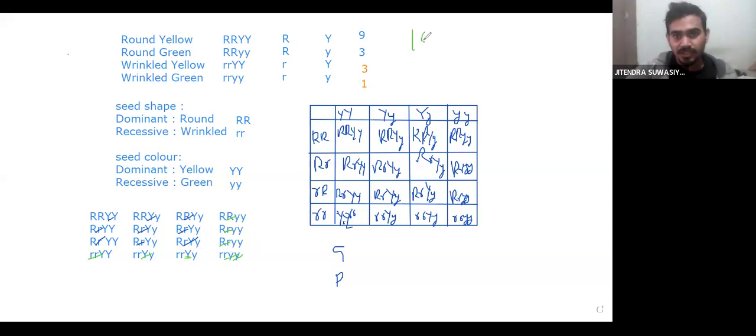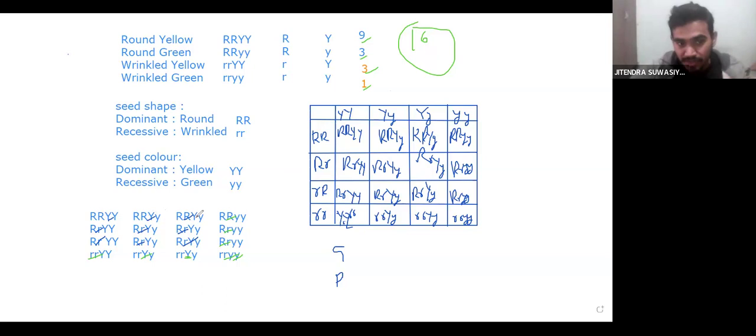Total 16 progeny in the dihybrid cross were found, in which 9 were round yellow, round green 3, wrinkled yellow 3, wrinkled green 1. We found this in the dihybrid cross, because in each the dominant one expresses. See, here the round is dominant and the yellow was dominant. Round was dominant, and here you can see capital Y small y, in which the yellow is the dominant one, which has suppressed the expression of the recessive one.